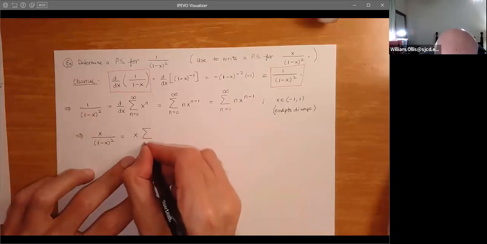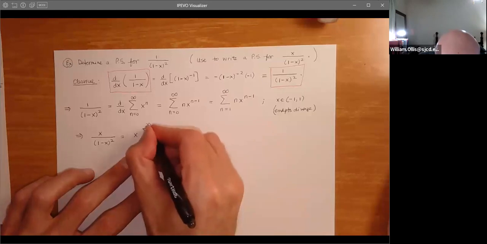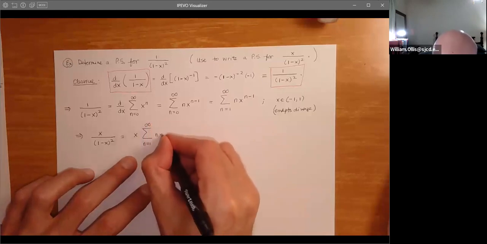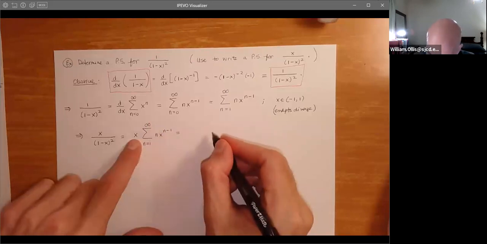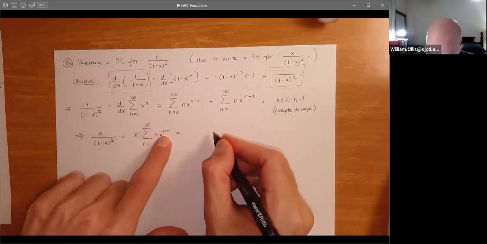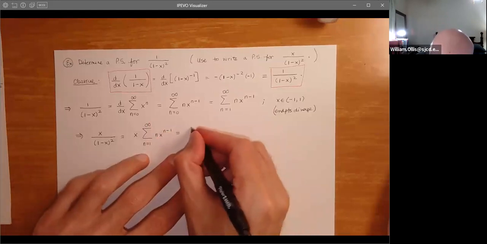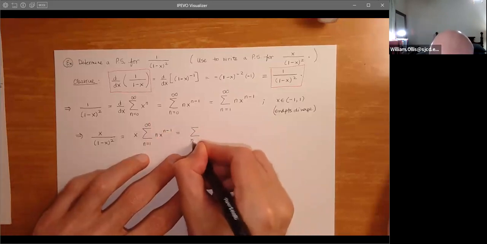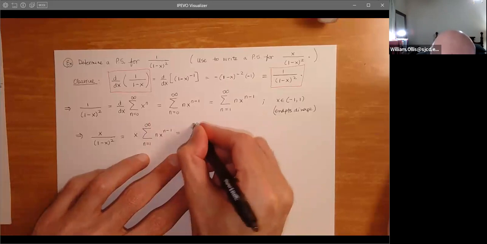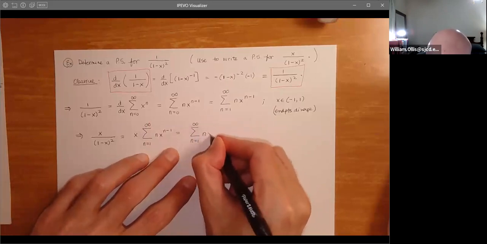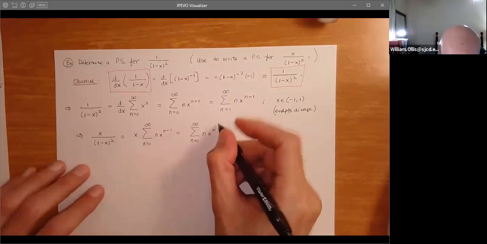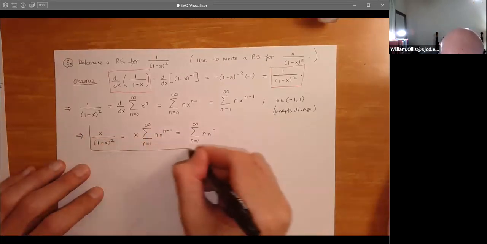So this is x, sum from n equals 1 to infinity, n times x^(n-1). And if you multiply through, you just add one more power of x. So that gives us x^n. So I thought this would be an interesting way to develop a series that helps us with a probability problem. Okay, so there we go.